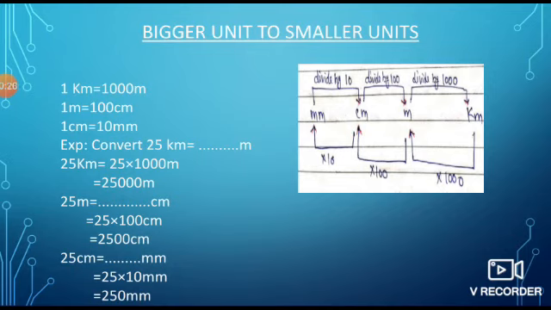In this case, you can also use decimal points for converting. 4.5 kilometer into meter means 4.5 multiplied by 1000 meter is equal to 4500 meters. 2.5 centimeter into millimeter is equal to 2.5 into 10, which is equal to 25 millimeter.